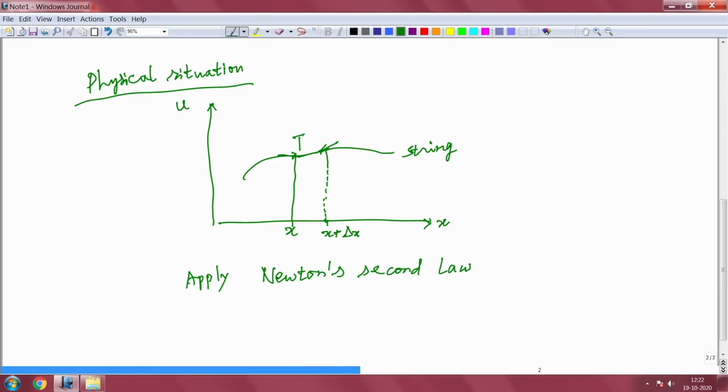It is important that while applying Newton's second law, some approximations are made, which you can see in our book on PDE.